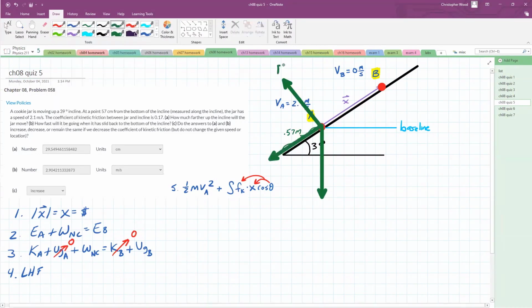This is my normal force. This is my weight force. And this is my friction force. And these are vectors. And you can see this angle is 180 degrees. Okay, and that's theta.